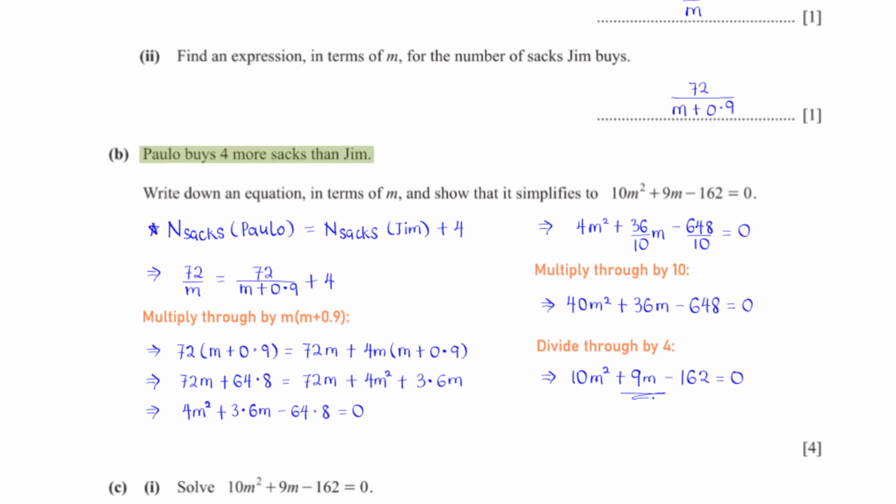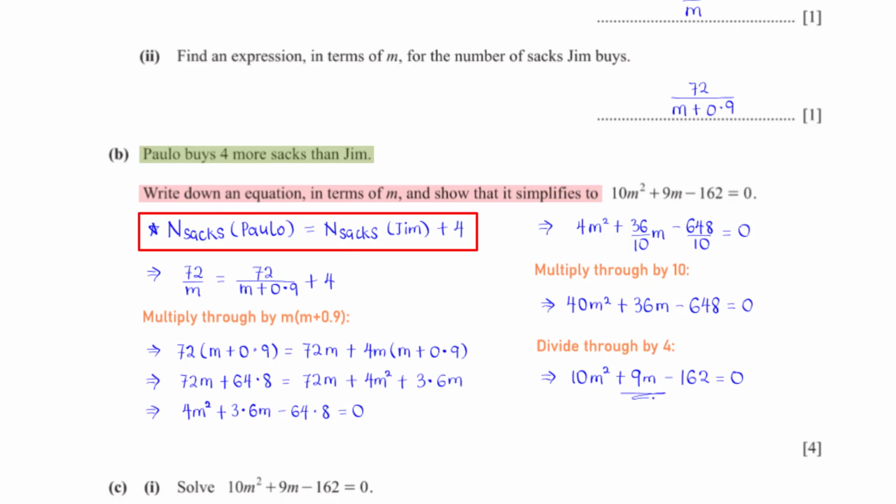Paulo buys 4 more sacks than Jim. Write down an equation in terms of m and show that it simplifies to 10m squared plus 9m minus 162 equals 0. If Paulo buys 4 more sacks than Jim, then it simply means the number of sacks Paulo buys is equal to the number of sacks Jim buys plus 4.